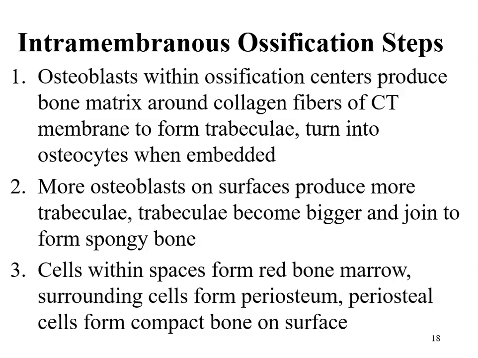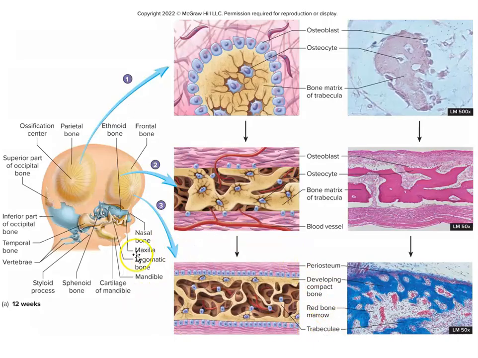The cells within the periosteum, in that inner layer, are going to secrete compact bone tissue. So the surface of these bones will be composed of that stronger, protective, compact bone. Remember, with all bones, compact bone is found on the exterior. So that's step 3 here.